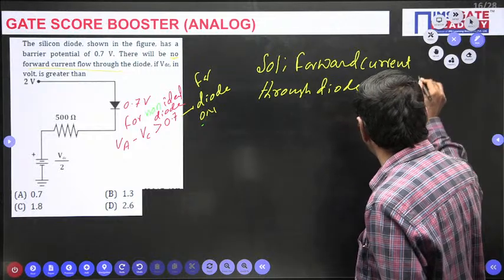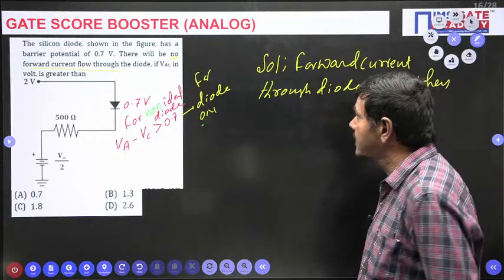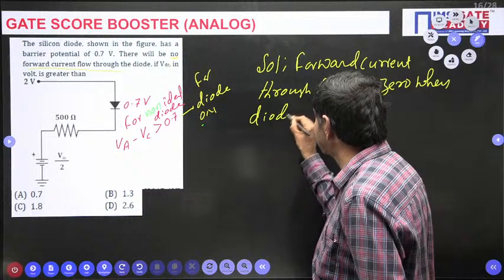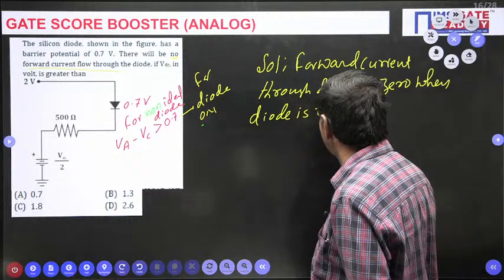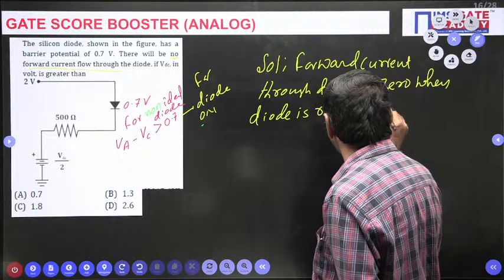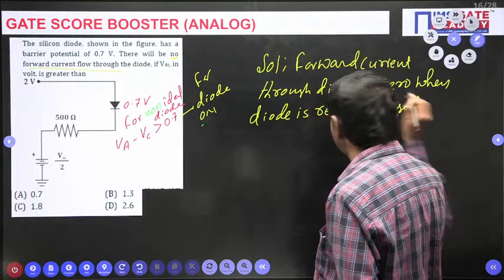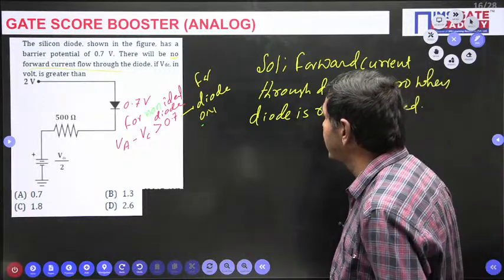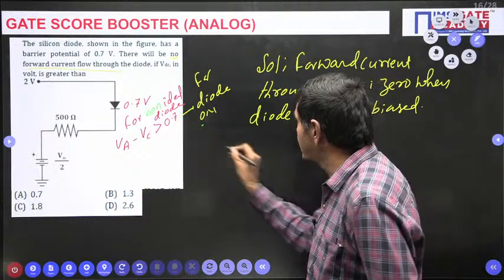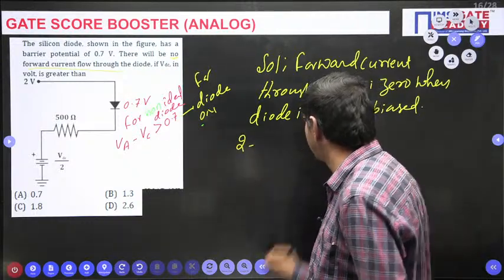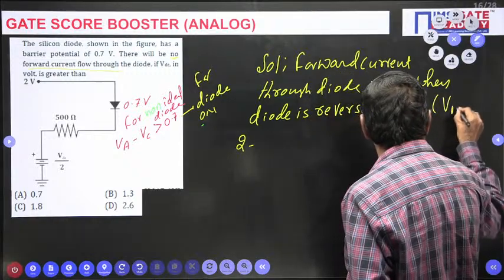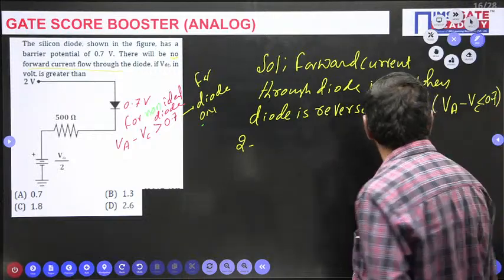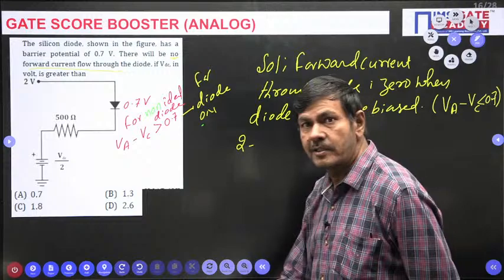When? When the diode is reverse bias. If it is reverse bias, it doesn't flow any current. That point is very important. So the condition I can write is anode voltage minus cathode voltage must be less than 0.7. Then only it won't be operated.